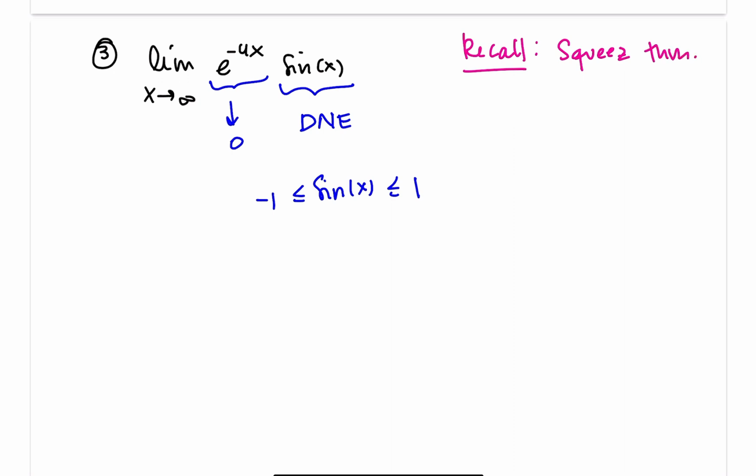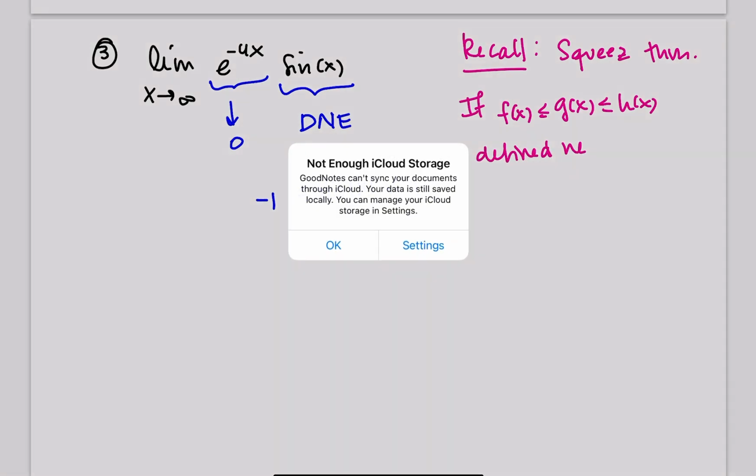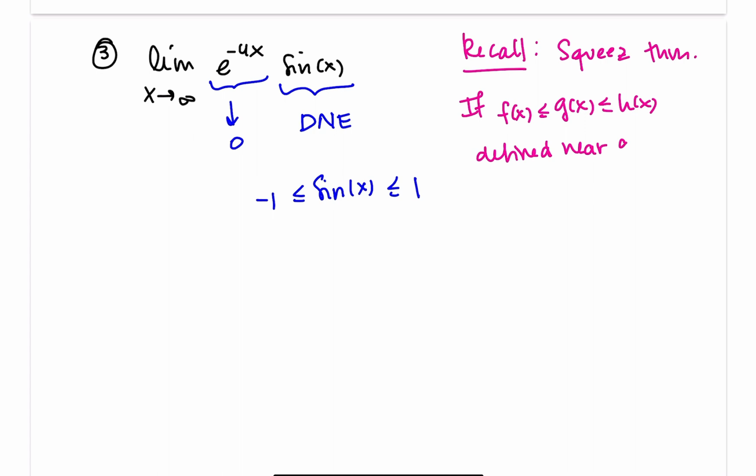The squeeze theorem tells you that if the function g of x is in between f of x and h of x, defined near a, except maybe at a. So what I'm saying here is that I don't need the function to be continuous at a for this to apply.